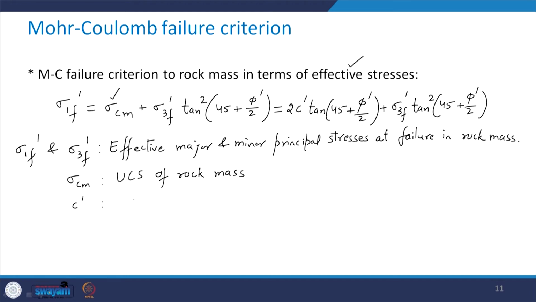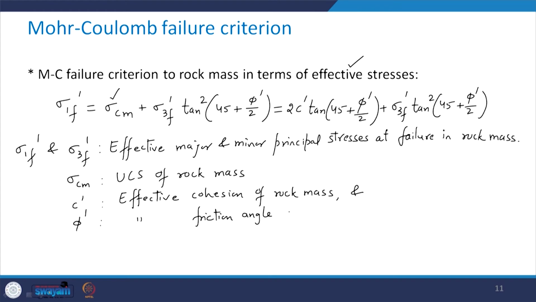C prime is the effective cohesion of rock mass, and finally this phi prime is the effective friction angle of rock mass.